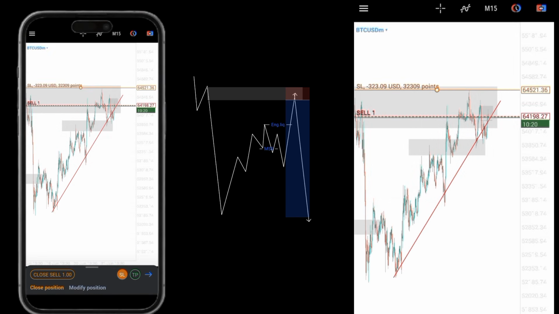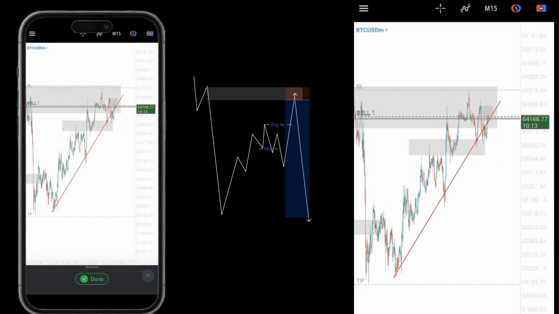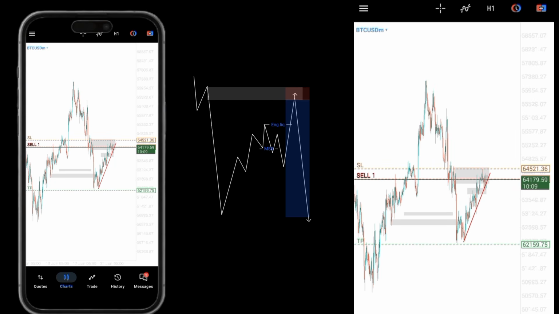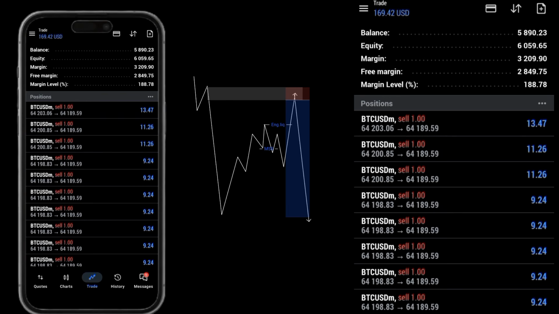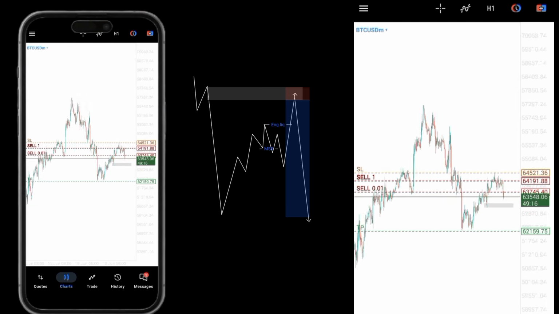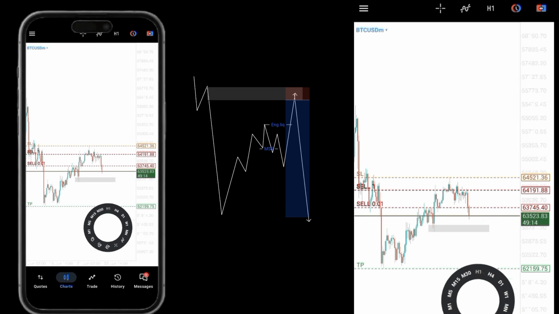So I'll be targeting the external low. But honestly, I didn't wait for price to get to that low, because there was a fresh order block that I knew price was going to react from, so I had to exit. But currently we're floating at $171 profit, and you can see I marked out the order block and I'm expecting the price to bounce off from there.